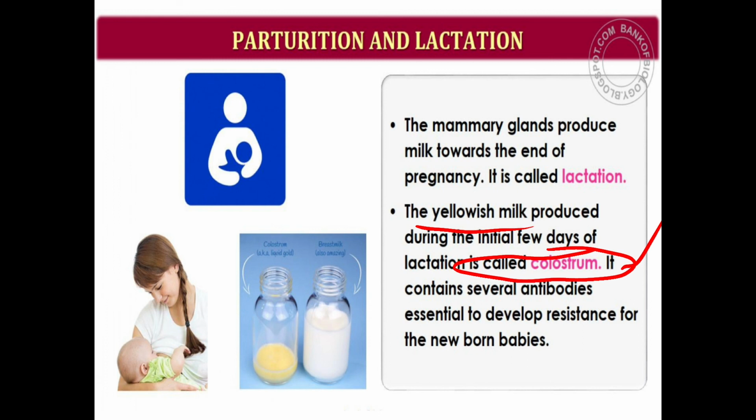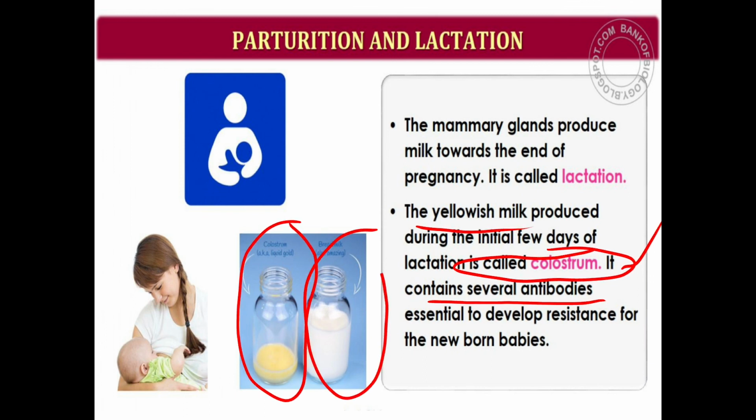Because of the presence of essential antibodies which develop resistance in newborn babies, breastfeeding in the starting days or starting few months is very important. So this is the colostrum, the starting milk after a few days, the yellowish milk.